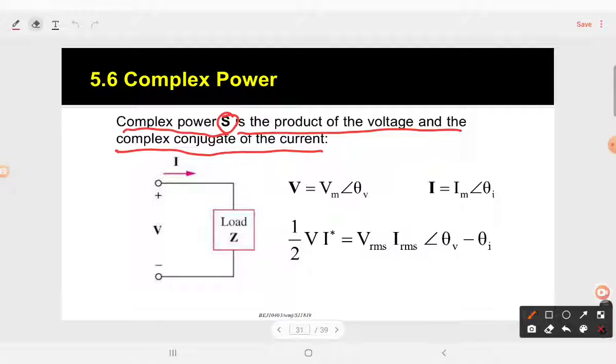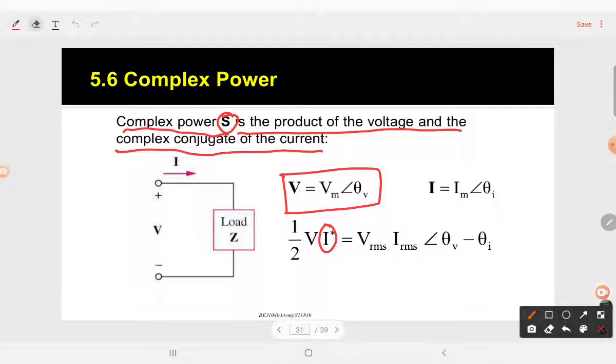So from there we know that V, in phasor form, is V equal to V max with the angle theta V, and then I is equal to I max with the angle theta I. Therefore complex power can be written as 1 over 2 V I conjugate, right?